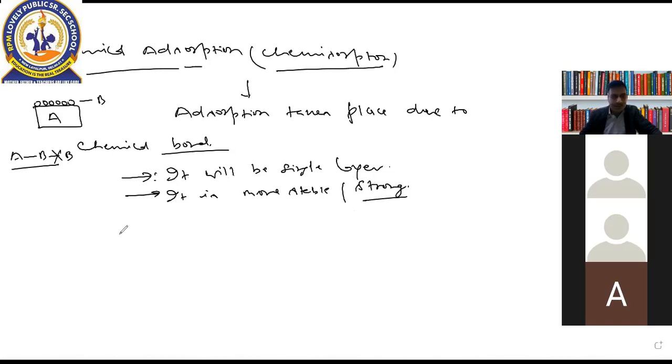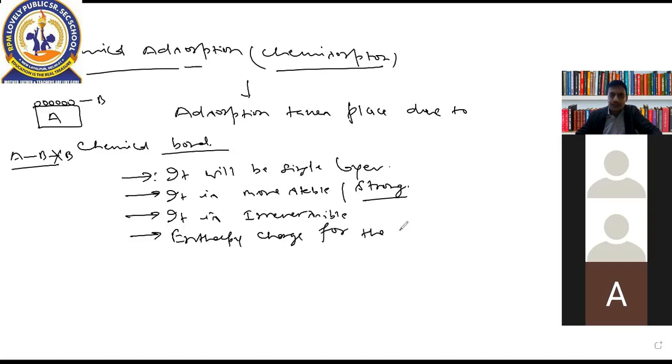And since this is more stable, that's why it is irreversible. And since the force of attraction is very high, the enthalpy change for chemisorption is very high.